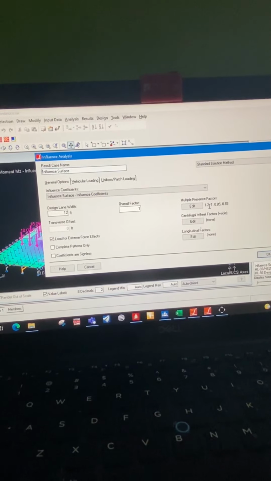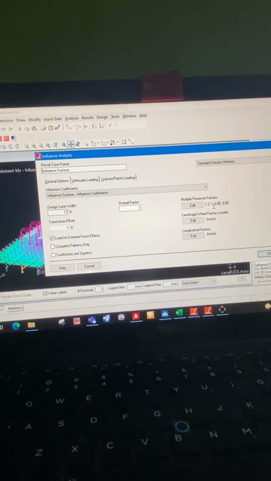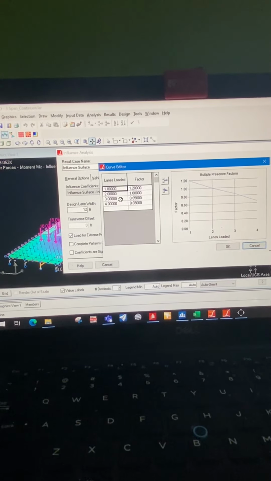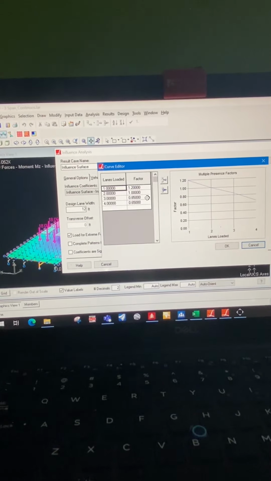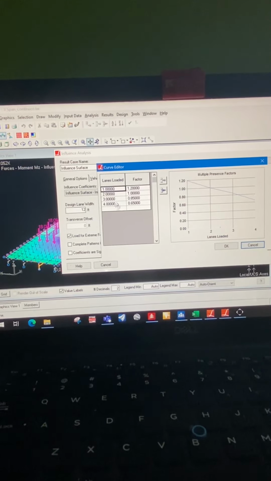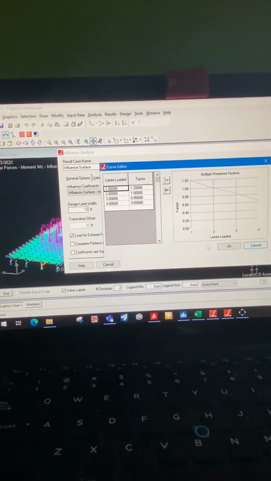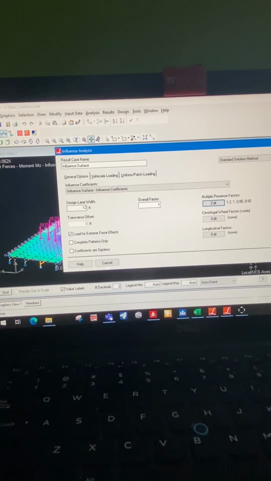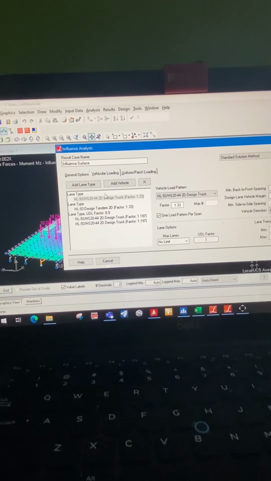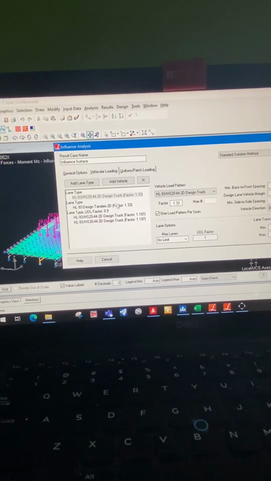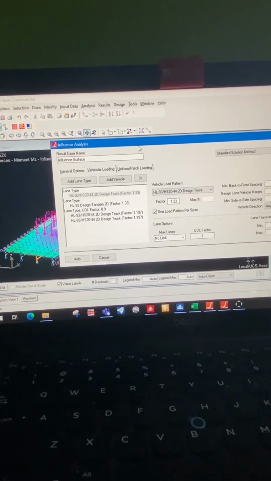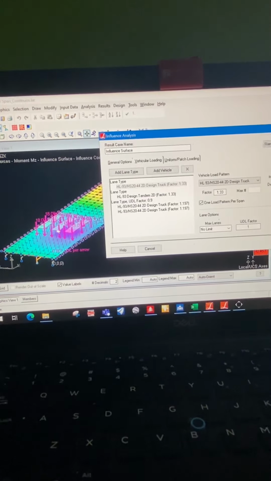If it's only 1 lane loaded or 2 lanes loaded, it will have a multi-presence factor of 1. 3 lanes loaded, the multi-presence factor is 0.85, and for 4 it will be 0.65. We have the design lane width of 12 feet, and you'll have your vehicular loadings. It's like an HS20 truck.